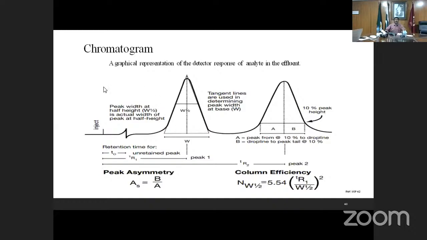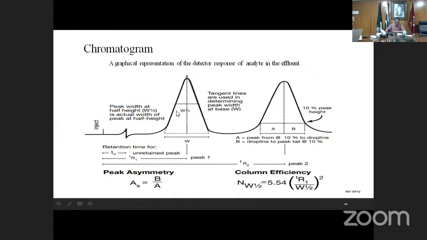There are several terms used here, such as peak asymmetry and column efficiency. Always when we see the peak on a computer screen or in print form, the retention time is shown at the peak. This is the width of the peak, and this is the height of the peak.